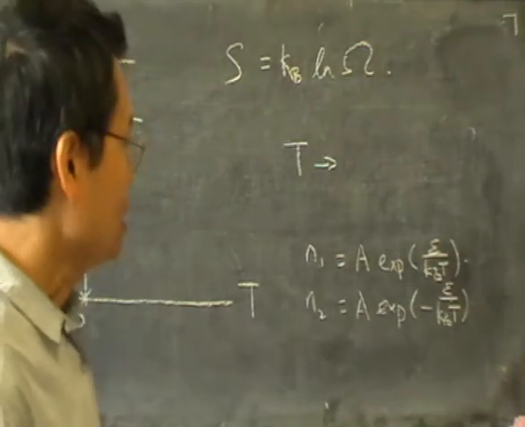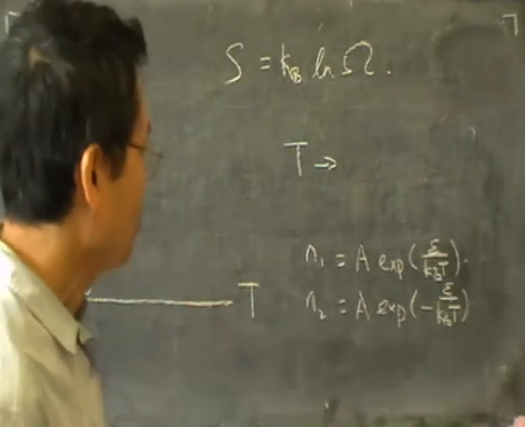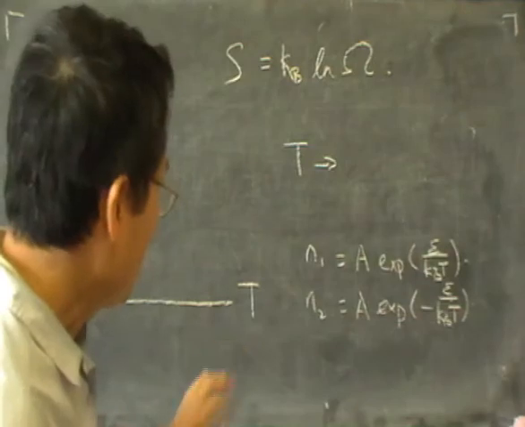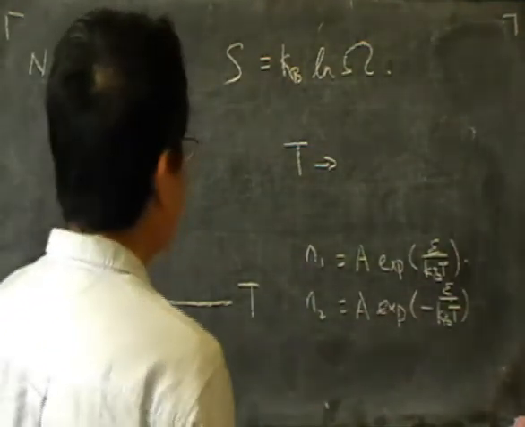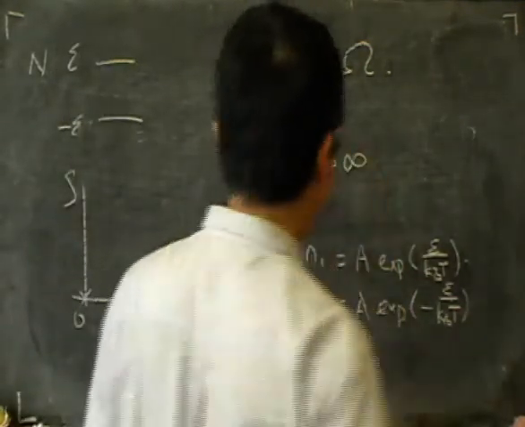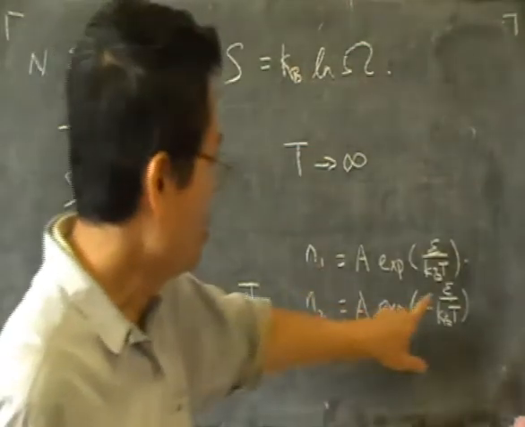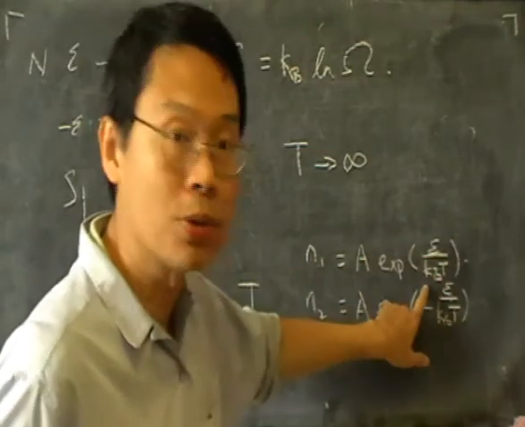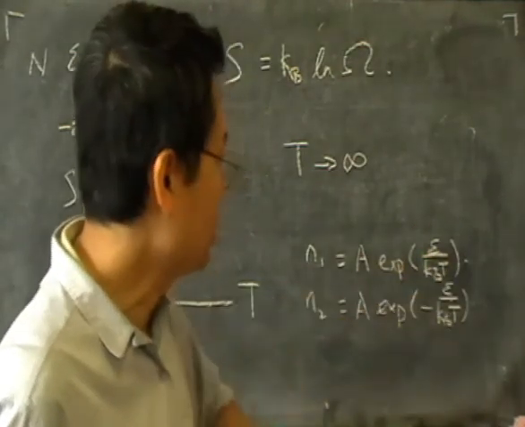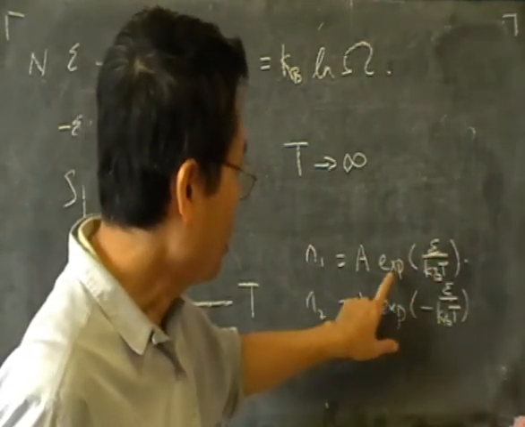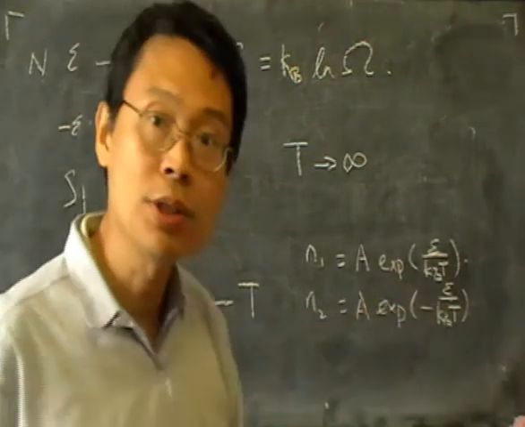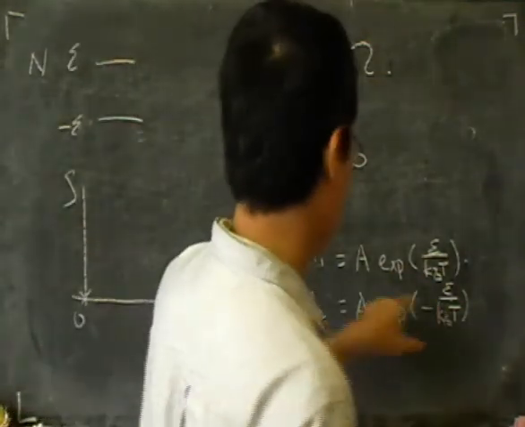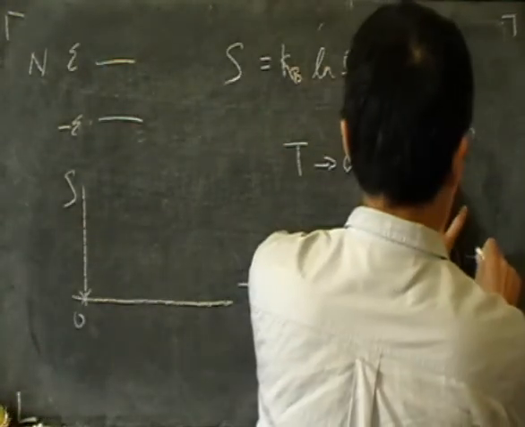Now let's see why that is wrong. Let's look at this Boltzmann distribution. If t goes to infinity, for n1, the argument here becomes 0, since e over infinity is 0. Exponential of 0 is 1, so n1 goes to a.